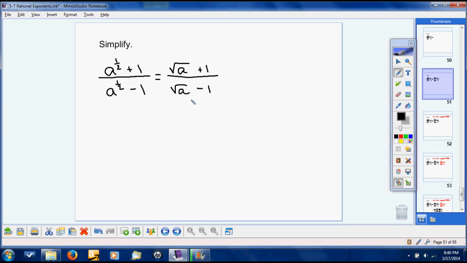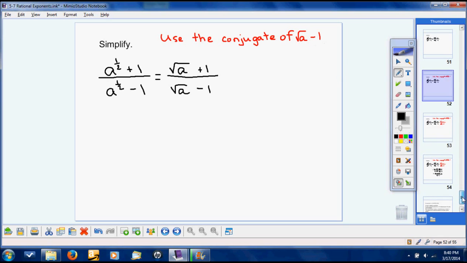And when you multiply something by its conjugate, you will always get rid of the roots. Okay, so we need to think and remember, what is the conjugate of this denominator? We don't care about the numerator. We need the conjugate of the denominator.